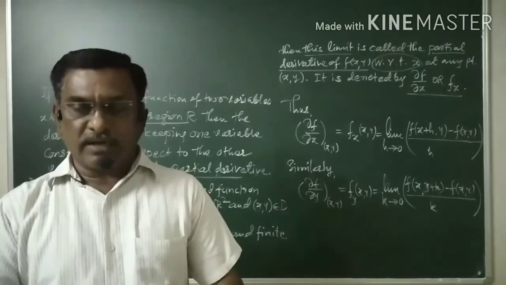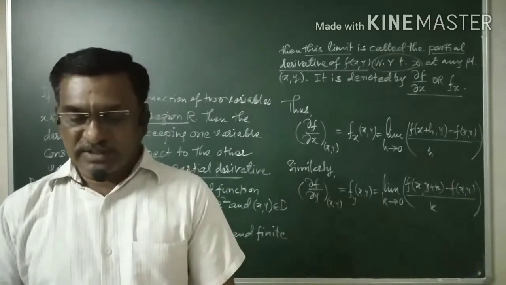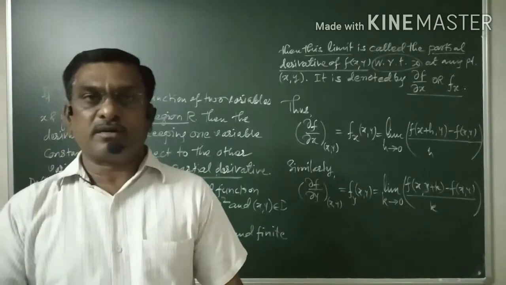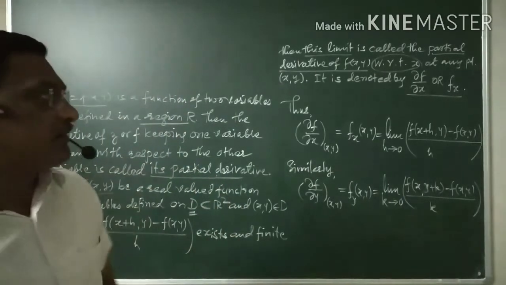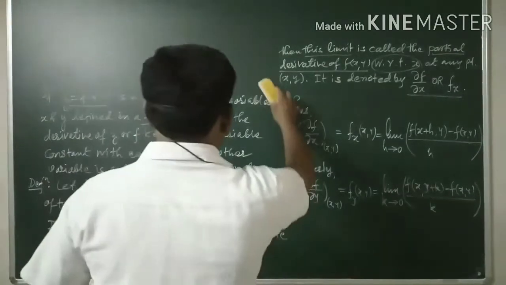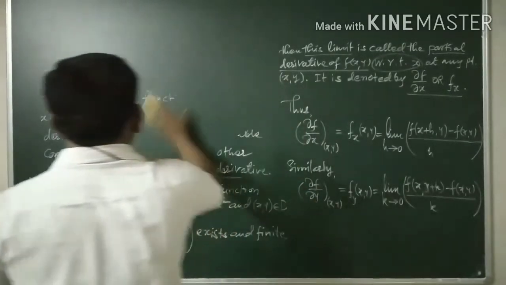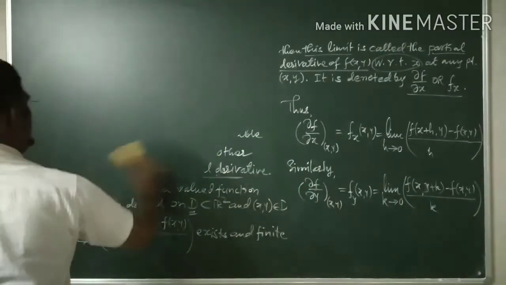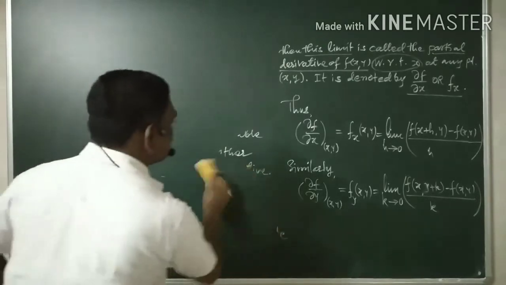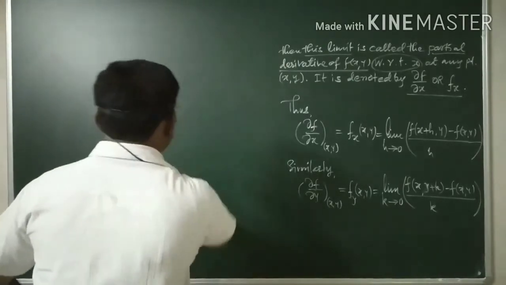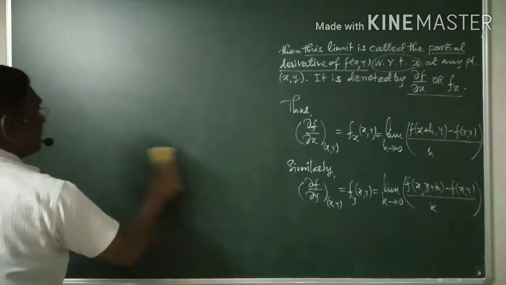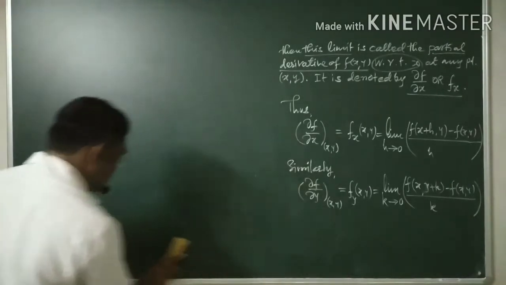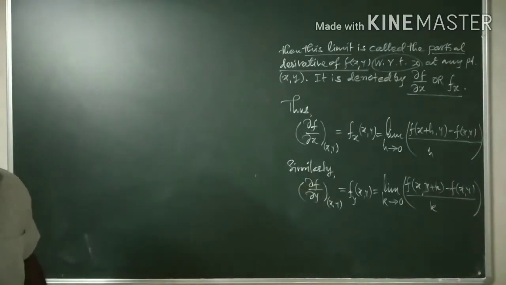To find the derivative, you know the rules or formulas from 11th and 12th standard. Now, let me go for small examples, so that you can understand the difference between the partial derivative and the total derivative.